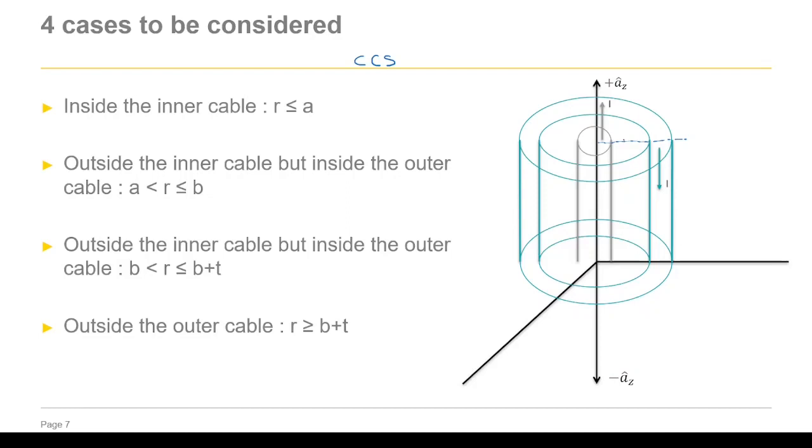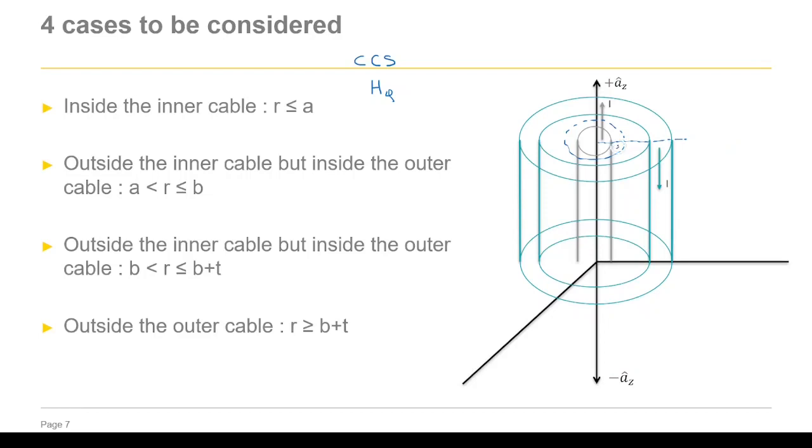Since the magnetic field component is going to be circular, the component of interest is H phi, and the variation of r is going to be from 0 all the way outwards.